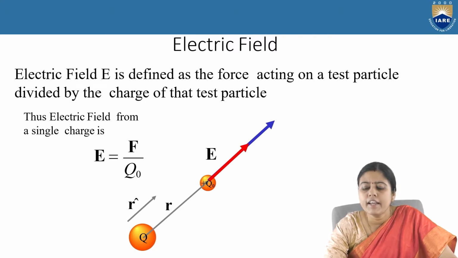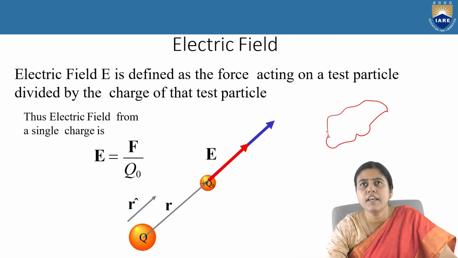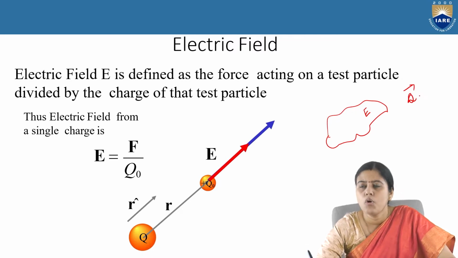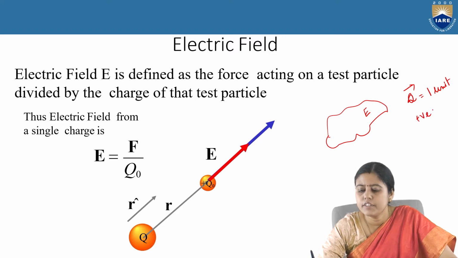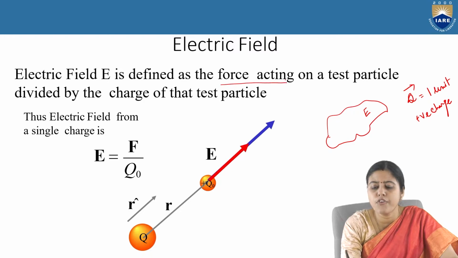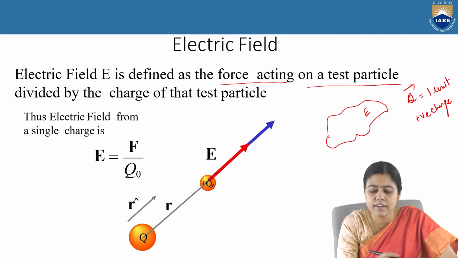Another way to say it: the work done to bring one unit positive charge from infinity to that location. So electric field is defined as the force acting on a test particle.